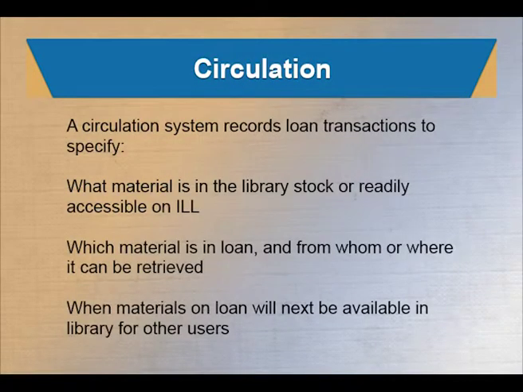Now, a circulation system, typically independent of any library automation software, provides different information related to transactions of loan. That means what material is in the library stack, readily accessible or available for ILL, which material is on loan and from whom and where it can be retrieved, when a particular item is due, when the item will next be available in the library, and what materials can be reserved from the user interface.